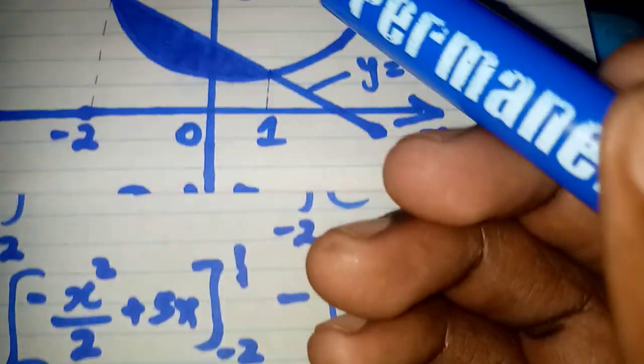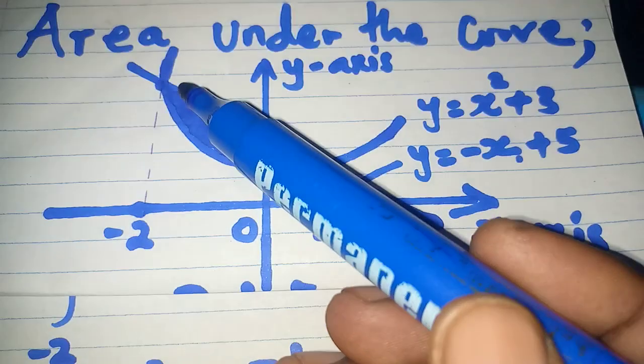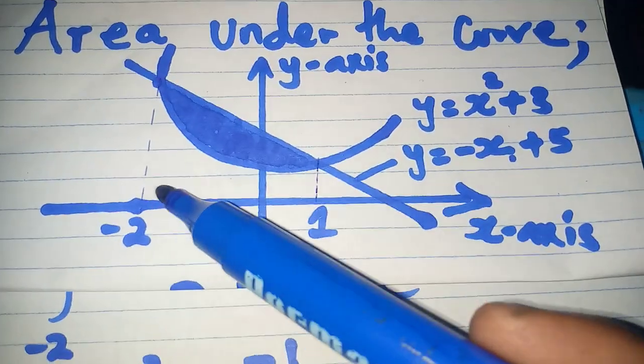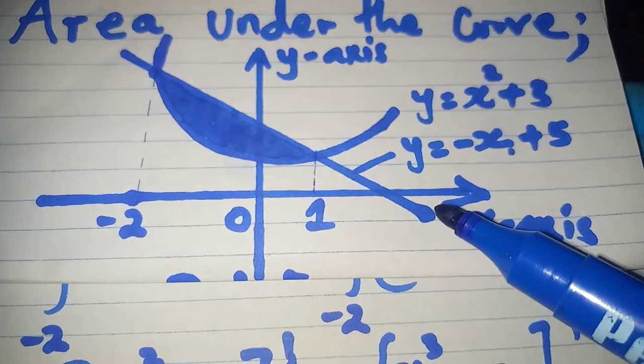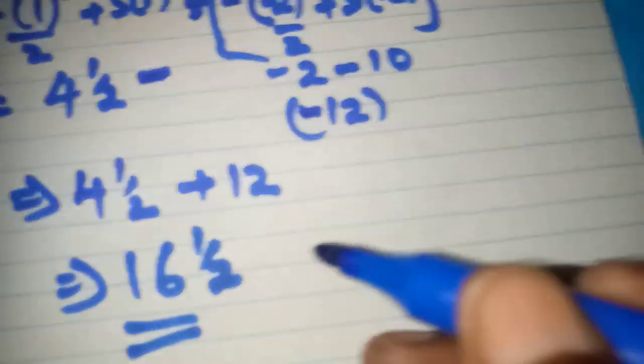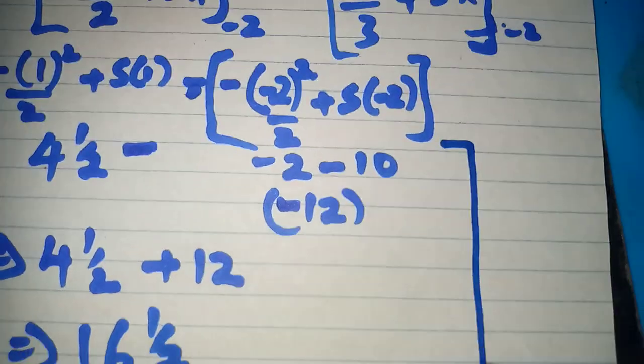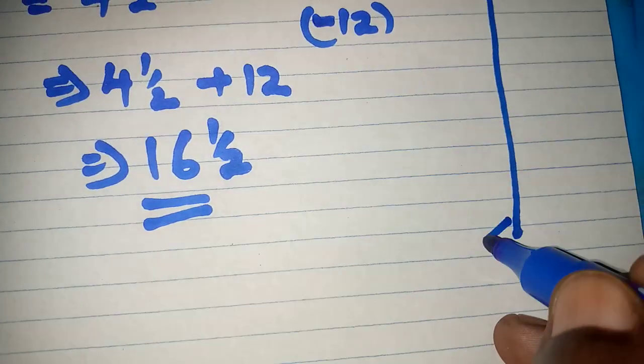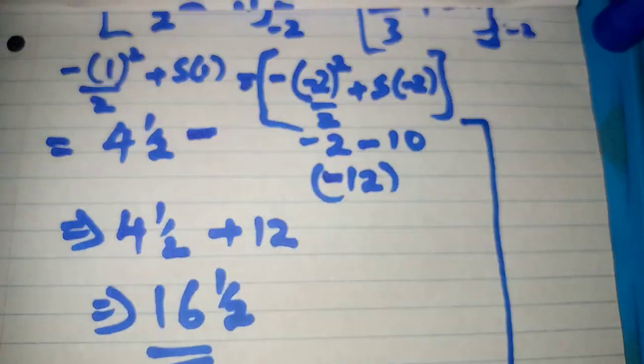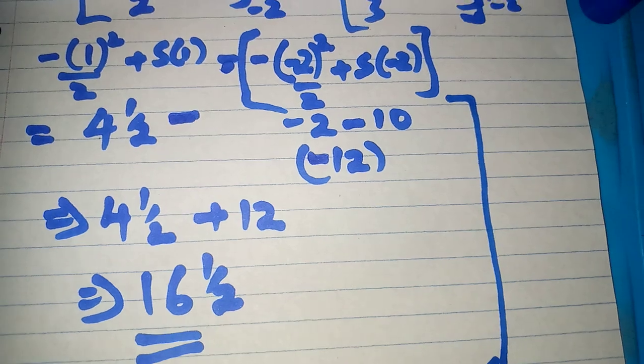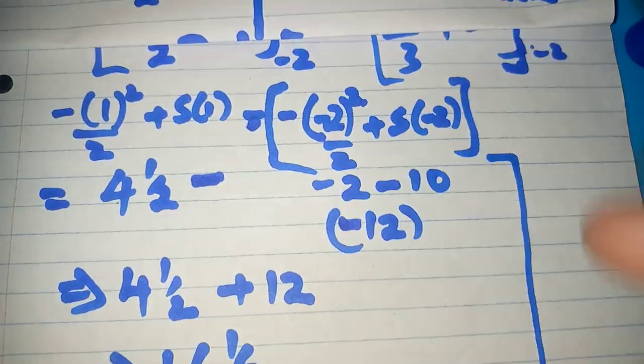So I've gotten the region bounded by this straight line and the x-axis. For this other side, let me transfer it here and subtract.